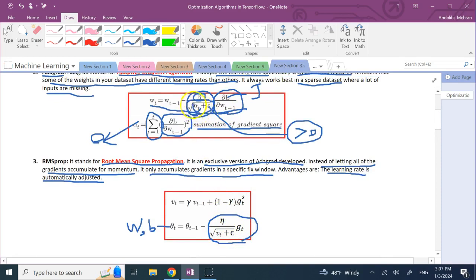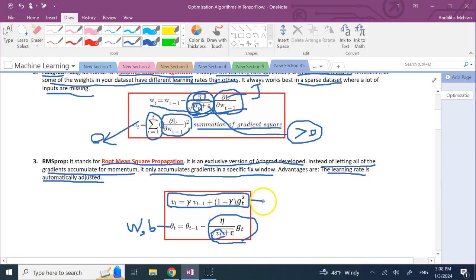Now, instead of this alpha, here we have this term V of t. And what is V of t? V of t is basically the summation of gradient squared, but not all of them. If you look, this V of t is updated through this recursive equation, where it comes from a gamma, a constant, times the previous V of t, and 1 minus gamma times gt squared.